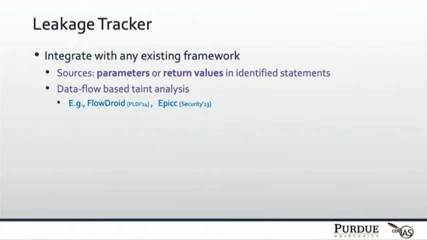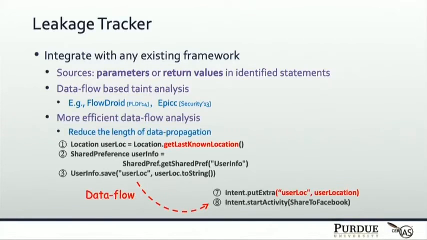After we label those either parameters or return values, we can use existing data flow-based taint analysis to track those sensitive data. And what is unique for ClueFinder is that its utilization of semantics can enhance the taint analysis, which brings a more efficient way to detect privacy leakage.